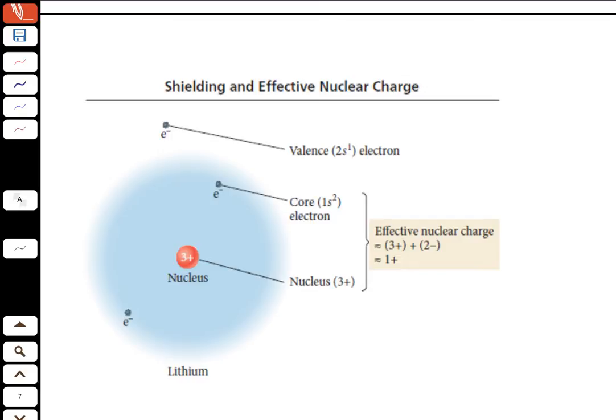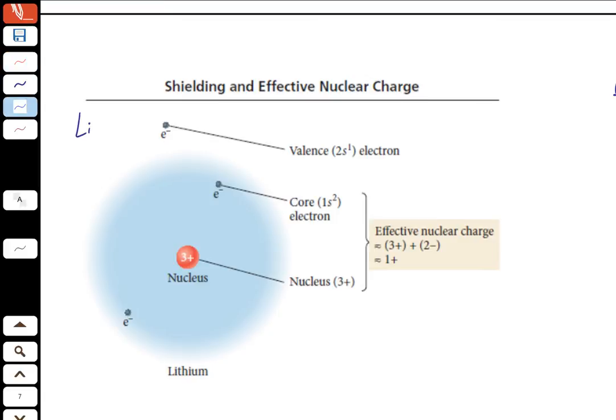What's the effective nuclear charge of a valence electron for beryllium? Maybe we can draw that next to it. So this one is lithium, right? For beryllium, we have basically the same picture, except the nucleus is now 4+.